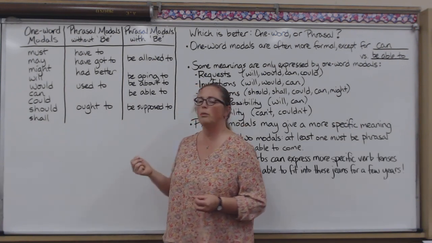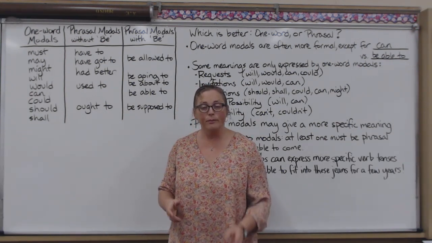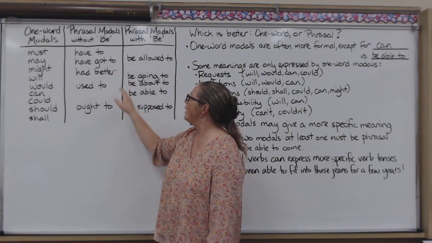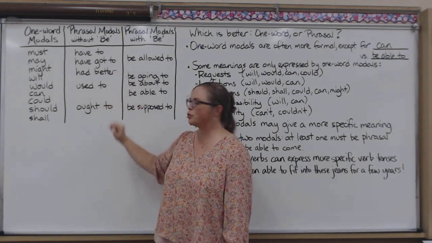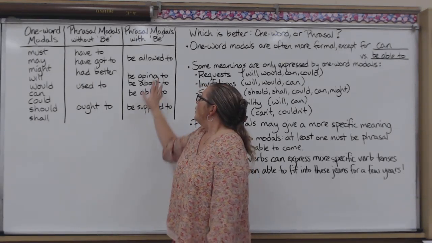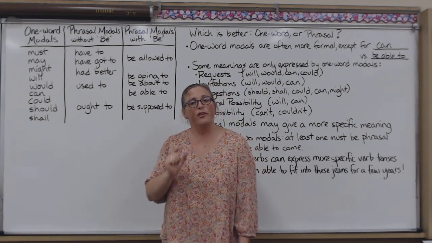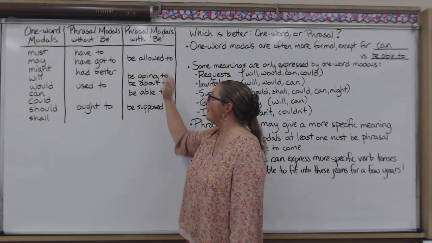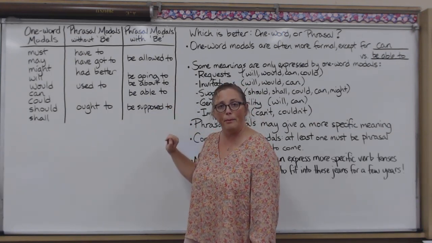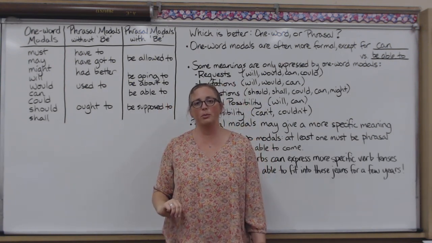So we have phrasal modals without the verb be. These include have to, have got to, had better, used to, and ought to. Finally, we have phrasal modals that do include the verb be: be allowed to, be going to, be about to, be able to, and be supposed to.